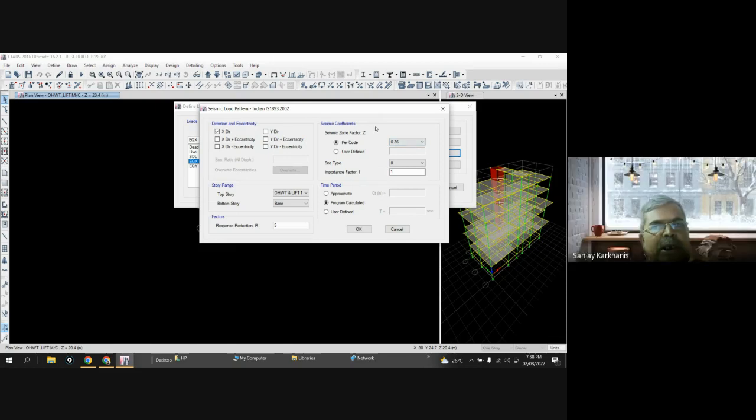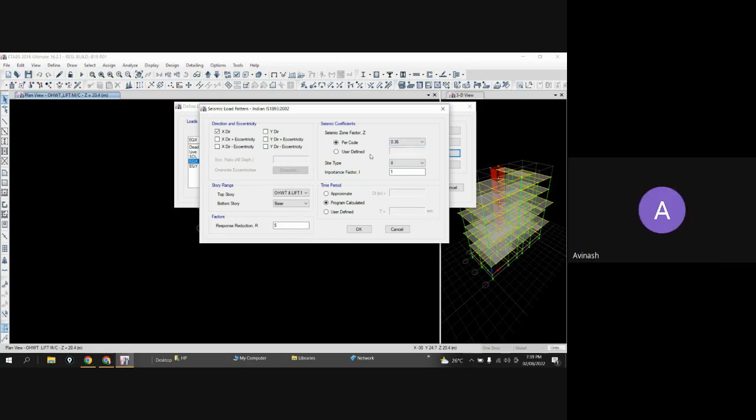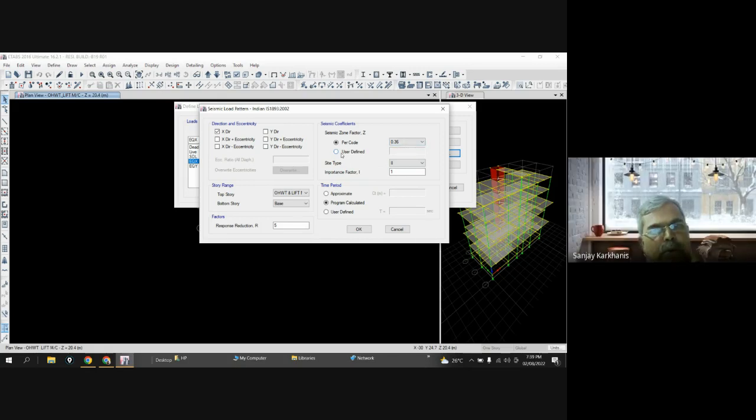Then under zone category, what was the zone that we were going to use? We were in Bhuj, so that was 0.36. Yes, sir. Then you may go for user defined. Let's say if you are prompt enough, or more expert in analyzing the Z factor, then you can use any Z factor.